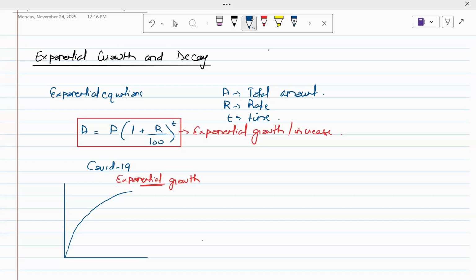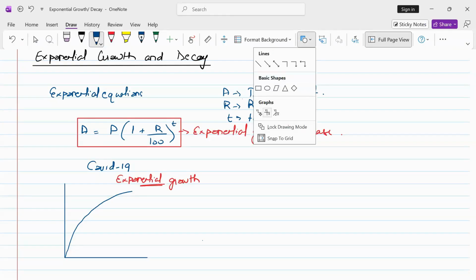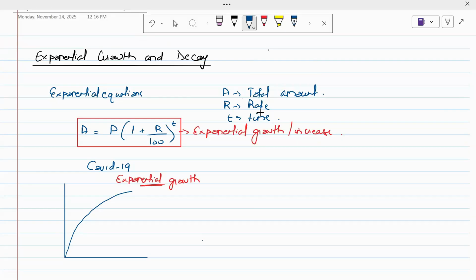And then after a certain time, the scientists worked on the vaccination. And when vaccination was introduced in the market, after the people were vaccinated, the infection started falling. At a very high pace, the number of infected persons started falling after the vaccine was introduced in the market.